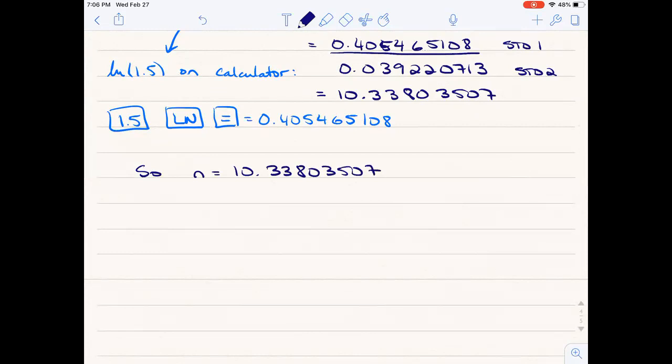Here's the thing. We can't tell the bank to stop after 10.33803507 compoundings, right? They would say, no thanks. We're just going to go to either 10 or 11. What's it going to be? At 10 compoundings, we wouldn't quite be at the 15,000, because you're earning interest and letting this grow to 15,000.